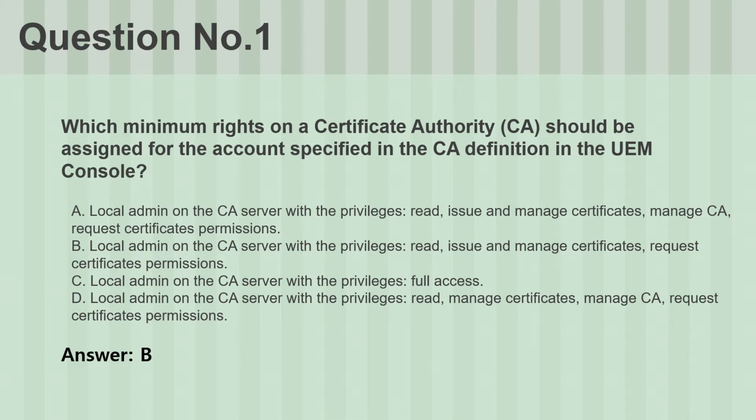B. Local admin on the CA server with the privileges read, issue and manage certificates, request certificates permissions. C. Local admin on the CA server with the privileges full access. D. Local admin on the CA server with the privileges read, manage certificates, manage CA, request certificates permissions. Answer B.